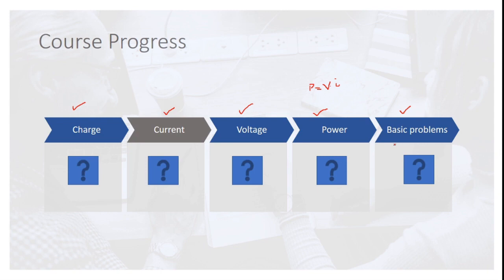This is a very basic topic of circuit analysis: we saw what is charge, current, voltage and power, and the difference between energy and power. And we have just seen small basic problems based on those.